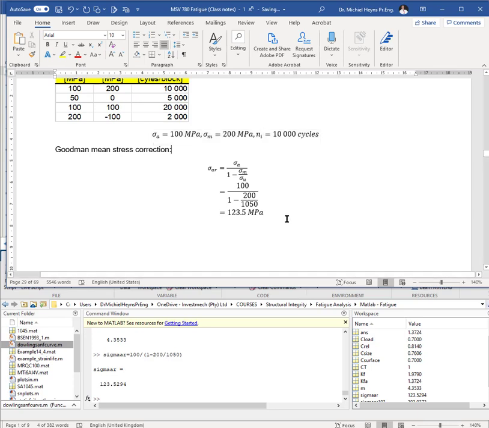Then we're going to calculate the fatigue life. The SN curve is already modified, so we just calculate the fatigue life.